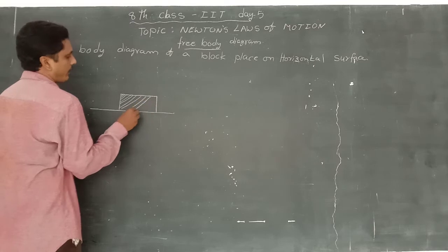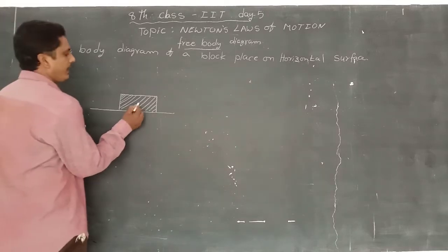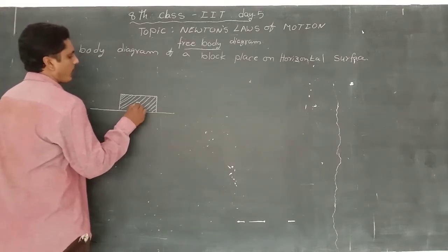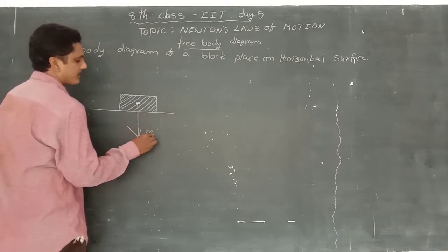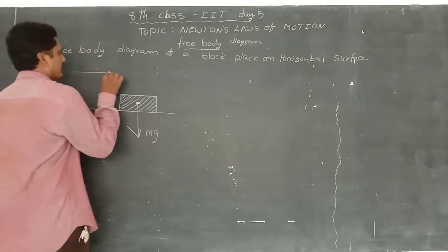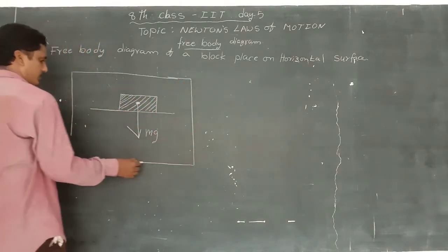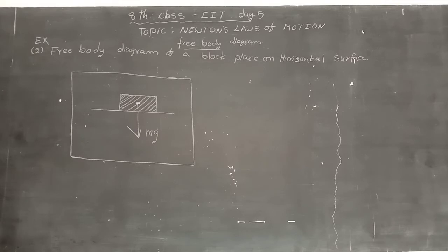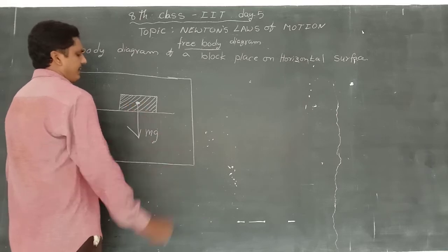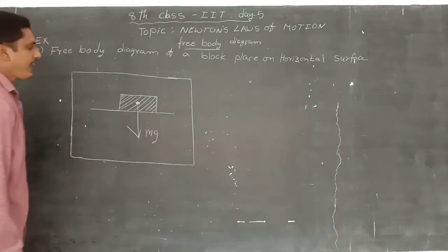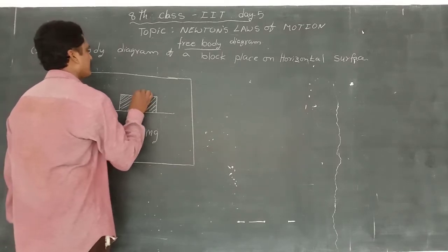We know that the weight of the body acts vertically downward, normal to the surface. This is isolated from the surroundings. No other forces act on the body, such as air resistance. At the same time, a normal reaction acts on the body from the horizontal surface.